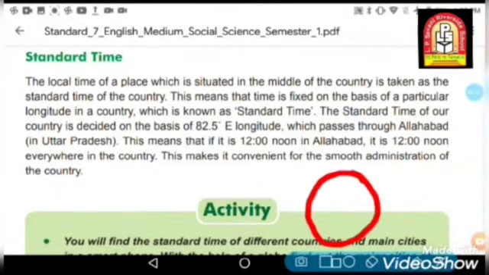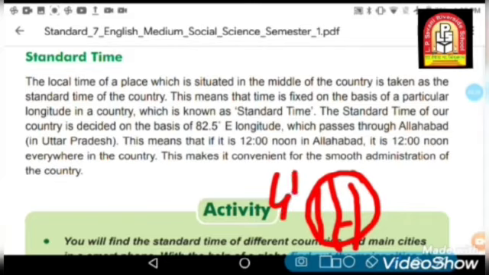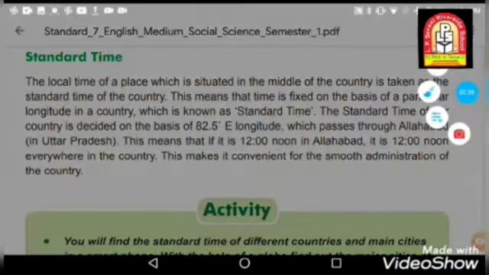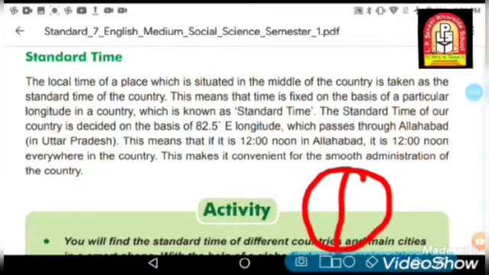As I explained to you in our chapter, in our earth there are longitudes like this, right? Each longitude takes 4 minutes to come to the next longitude, right? For example, this is our earth, this is 0 degree, the next longitude is 1 degree, next is 2 degree, right?